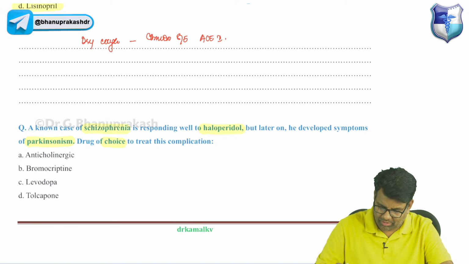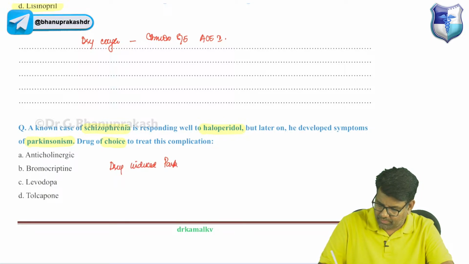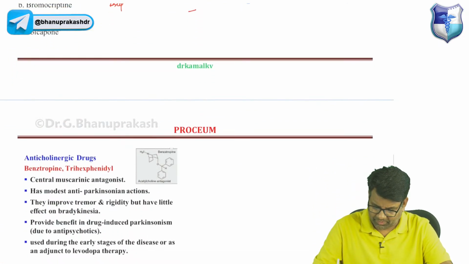Very good, Raghu. Especially in cases of drug induced Parkinsonism, you have to give an anticholinergic, that is benztropine or benzhexol. Very good. Perfect.